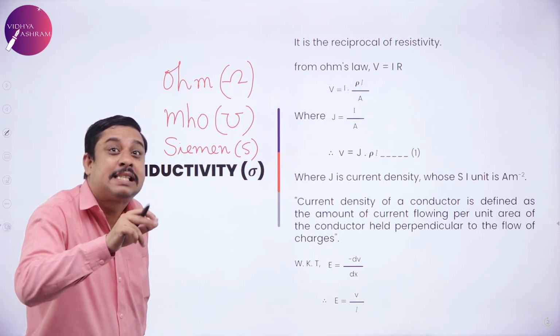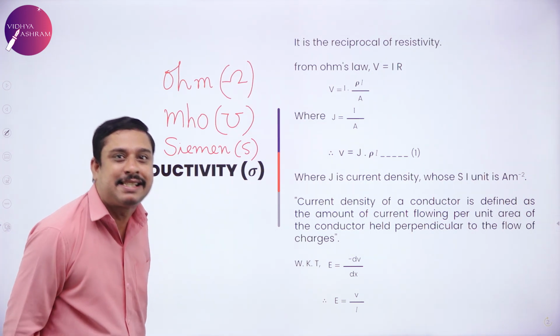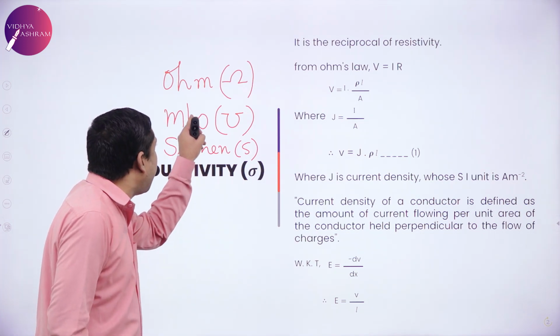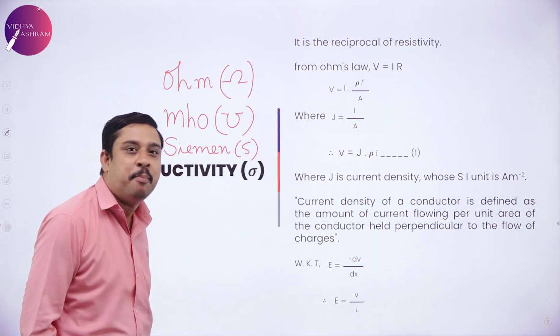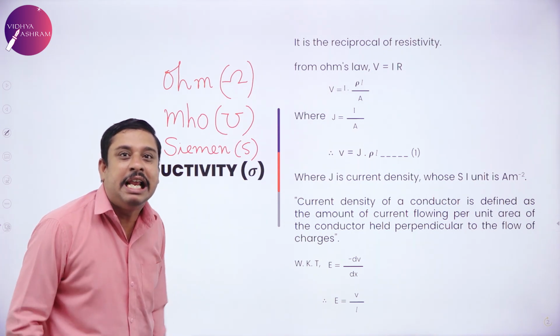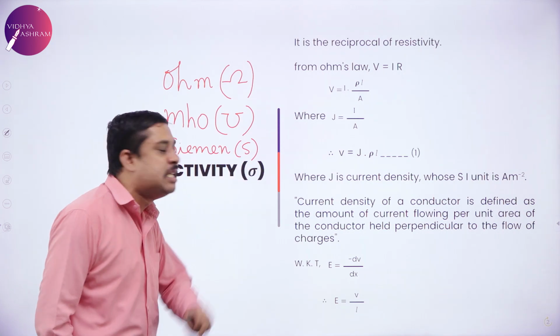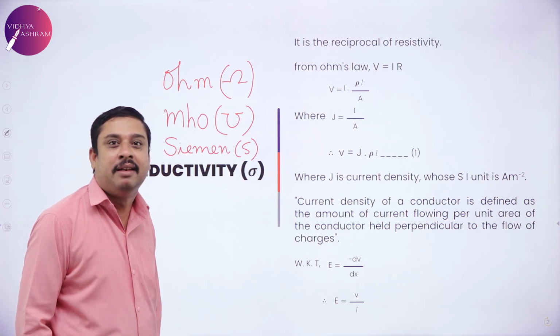Conductance is the reciprocal of resistance, therefore the unit becomes the other way, mho with this symbol. But the commonly followed unit for conductance is Siemens.